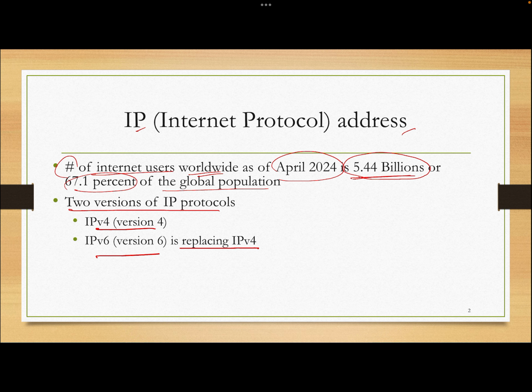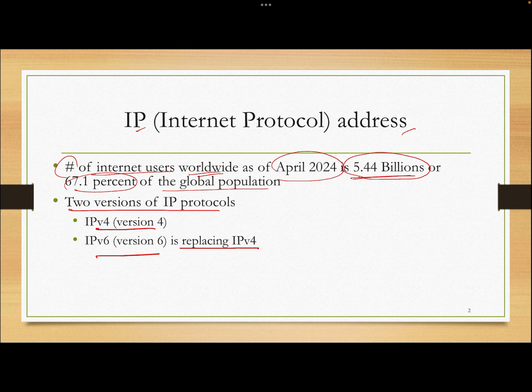So the address is not enough to support everyone. So we have to increase the length of the source address and the destination address, to make sure that it can cover every user.